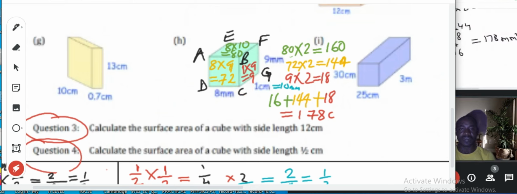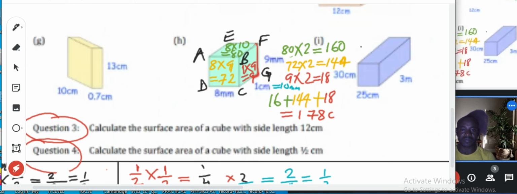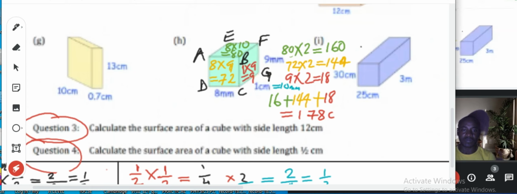What's the area of this BFGC? This face. What's the area? 90.